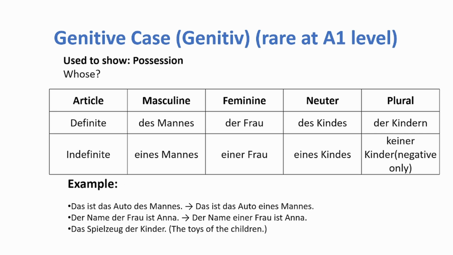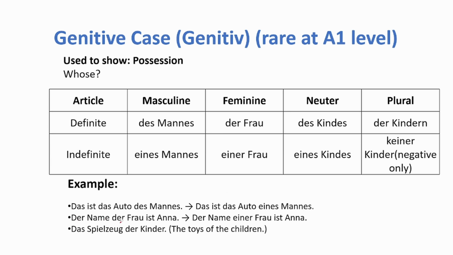So let's see some examples over here. Das ist das Auto des Mannes, which means that is the car of the man. Das ist das Auto eines Mannes, which means that is the car of a man.